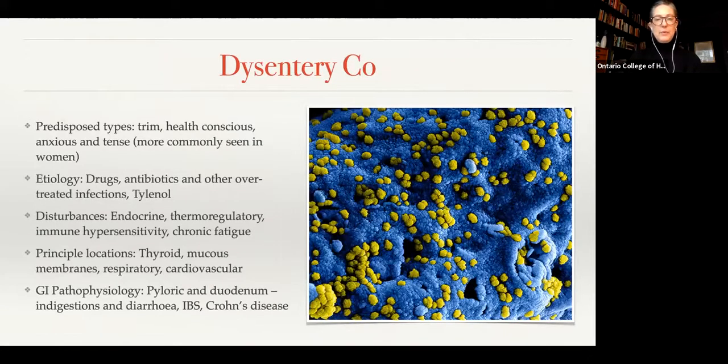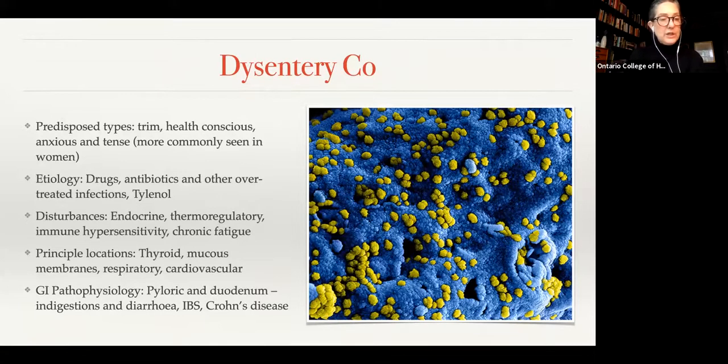The next remedy I want to talk about is dysentery co, which I like to call disco. The predisposed types for disco are trim, health conscious, anxious, tense. Again, it's a remedy more commonly seen in women than in men.